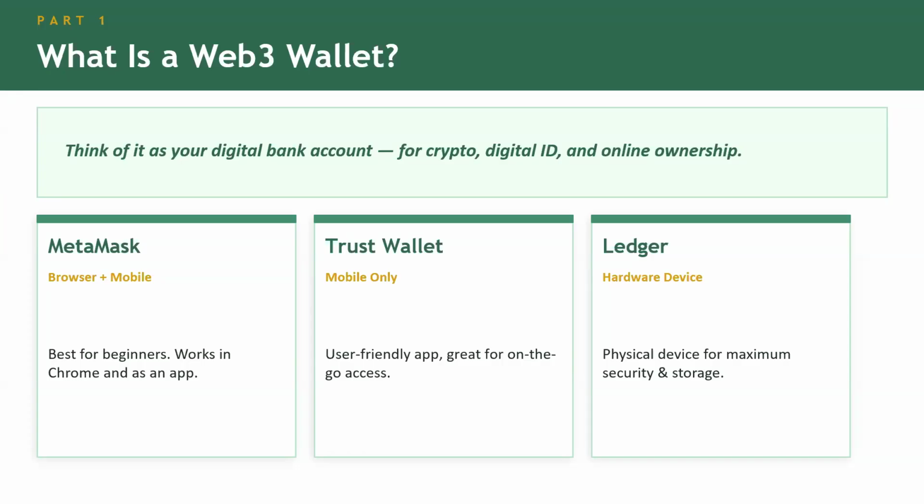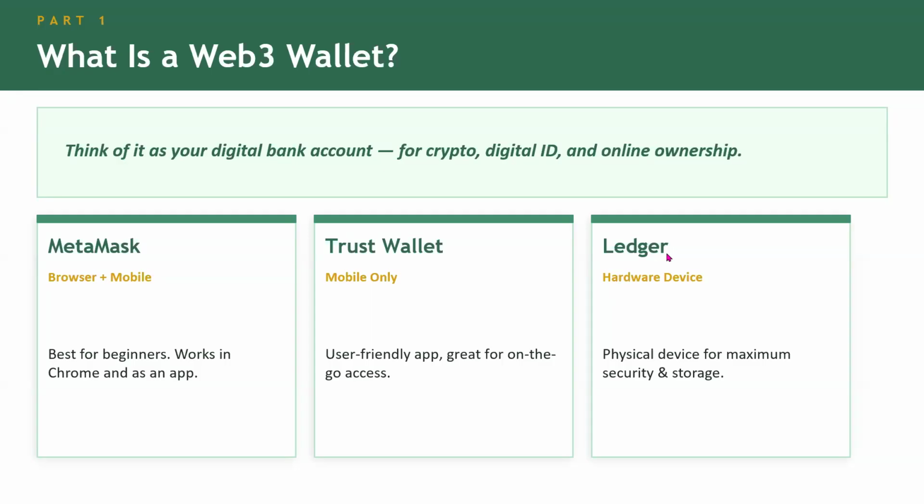Some of the wallets that you can get: MetaMask, for example, is both a browser and mobile wallet. This is for beginners. It works in Chrome and as an app. And then you have Trust Wallet. This is a mobile app. It's a user-friendly app, great for on-the-go access.